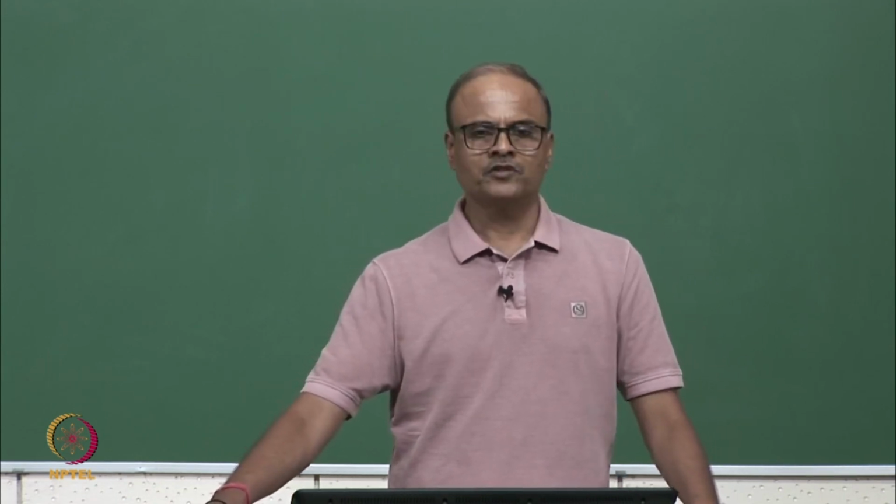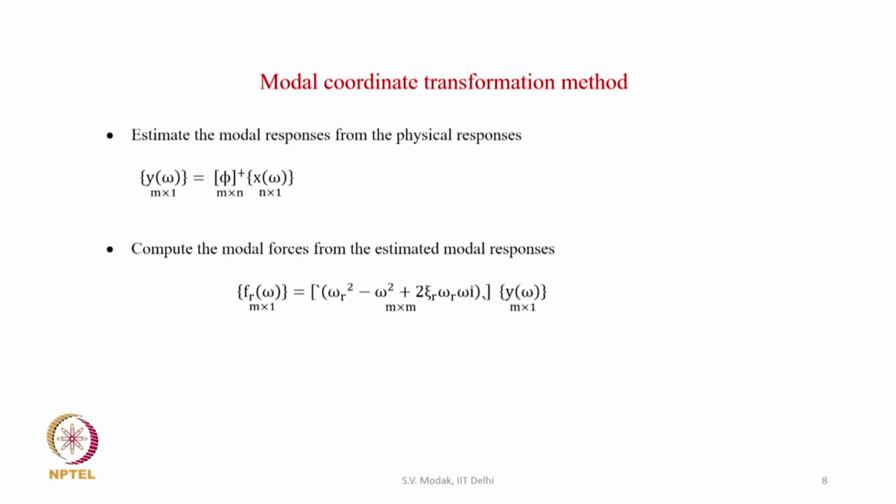Once the modal responses are available, the next step is to find the modal forces from the modal responses. For a multi-degree of freedom system with proportional damping, we earlier derived the relationship between the modal response y and the modal forces Fr. If we take the inverse of the coefficient matrix there, we get this expression: the vector of modal forces is equal to a diagonal matrix multiplied by the vector of modal responses.